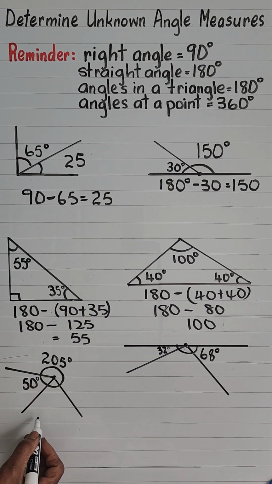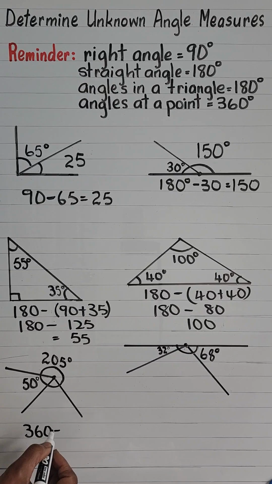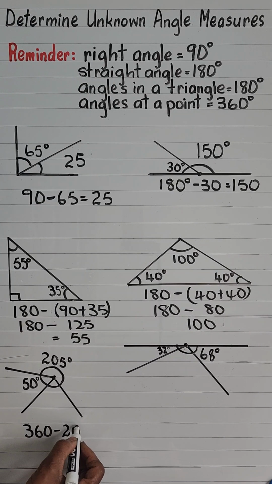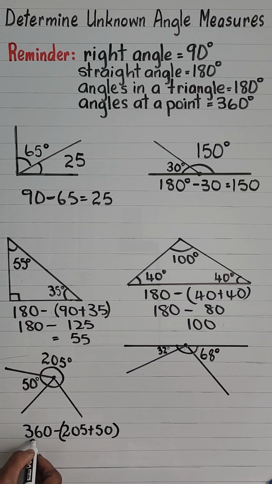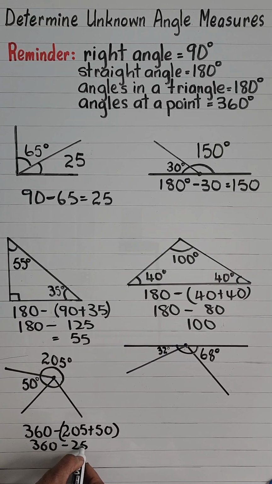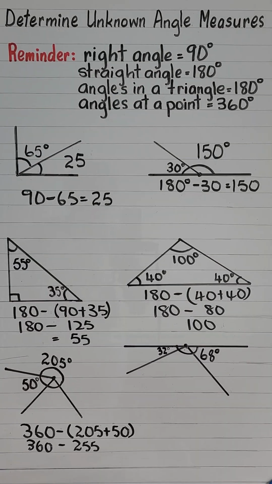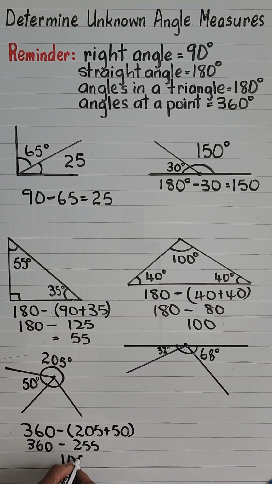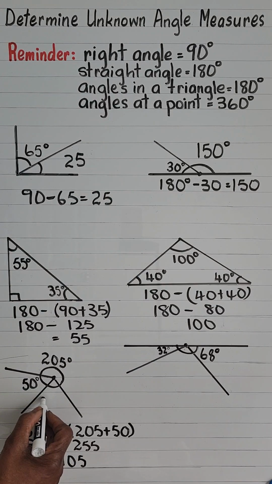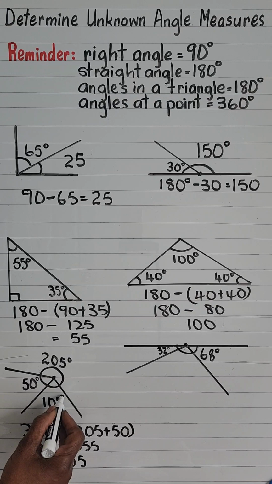So it is 360 minus 205 plus 50, and that is equal to 360 minus 255, and that is equal to 105. So this angle is 105 degrees.